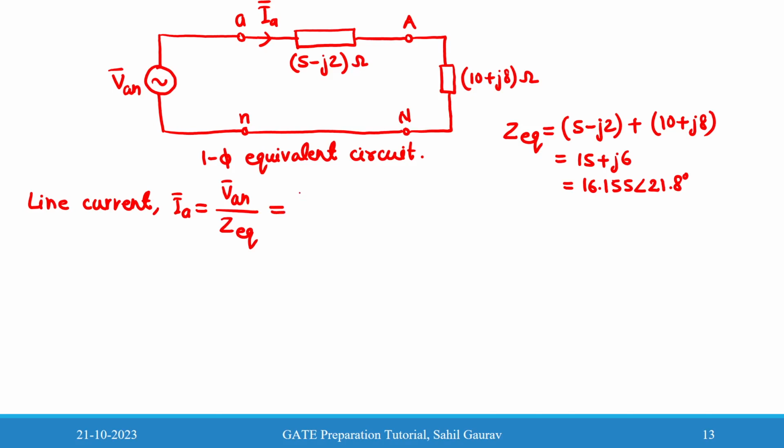VAN is given as 110 at an angle of 0 degrees volt, divided by 16.155 at 21.8 degrees. So it will come as 6.81 at an angle of minus 21.8 degrees ampere.